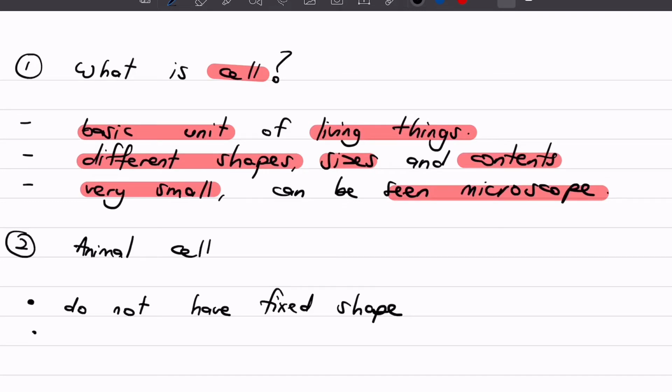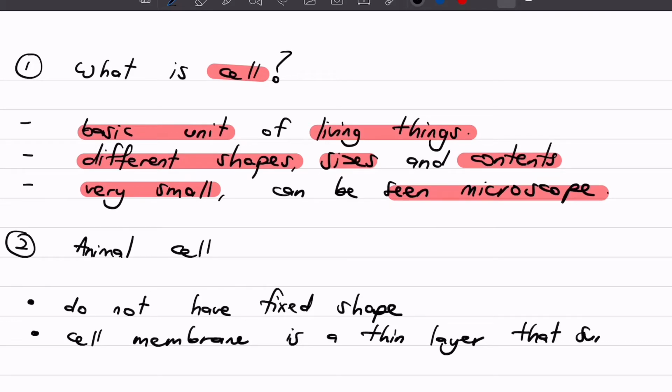Okay, the cell membrane is a thin layer that surrounds the cell.